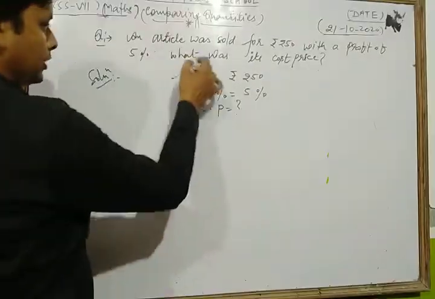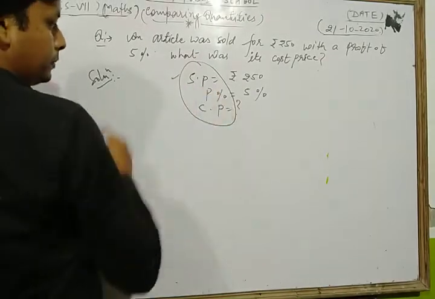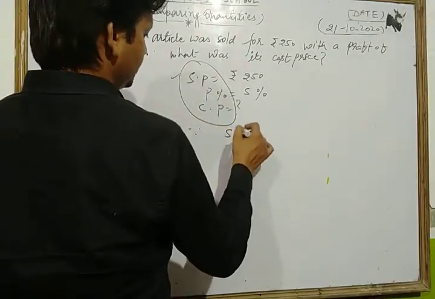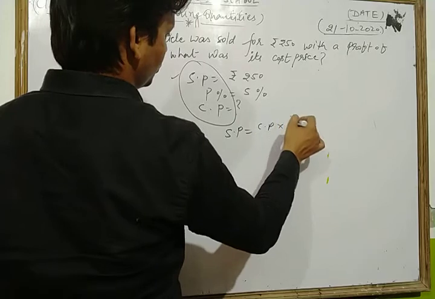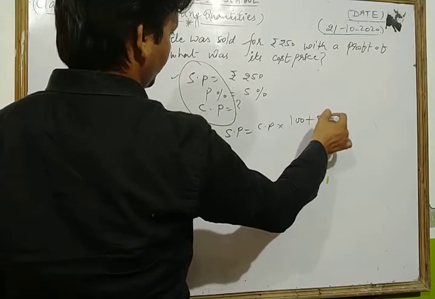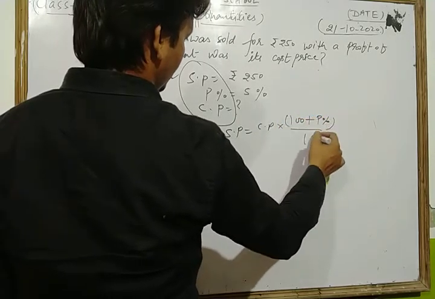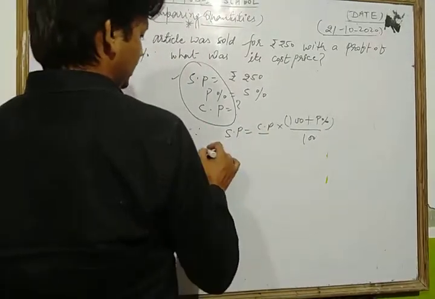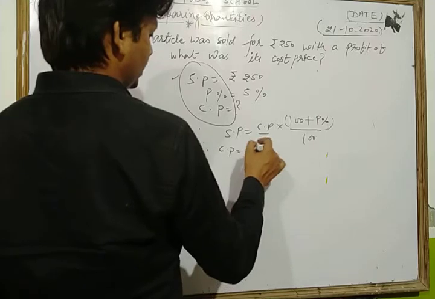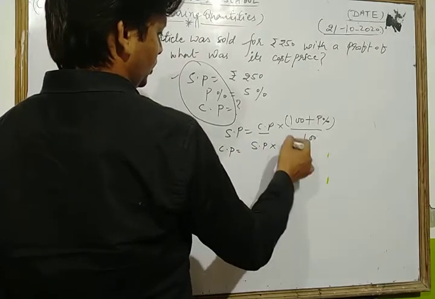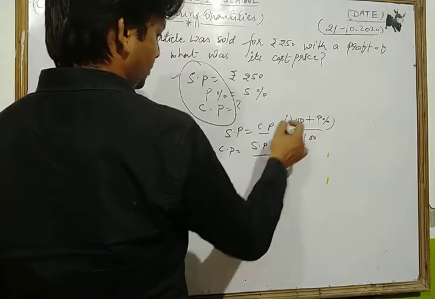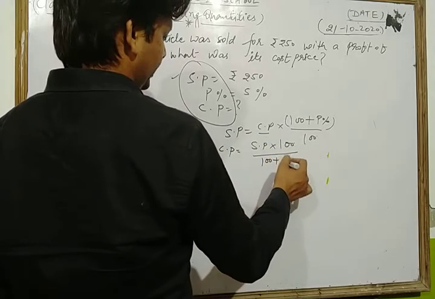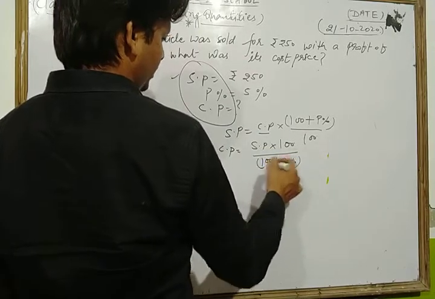What is the relation between cost price, selling price, and profit percent? You know that selling price is equal to cost price into (100 plus profit percent) upon 100. From there we find cost price: cost price is equal to selling price into 100 upon (100 plus profit percent).